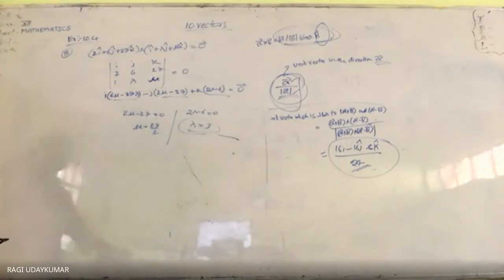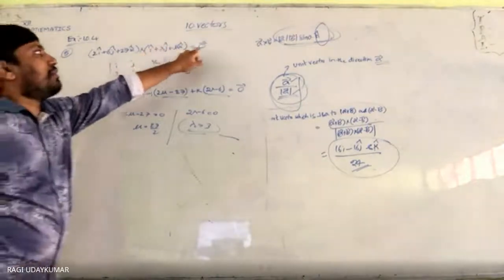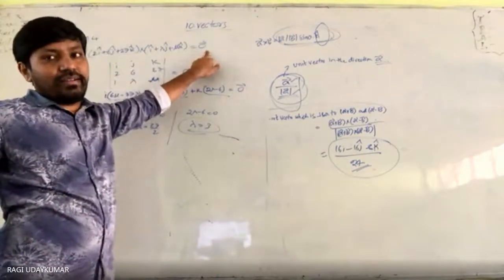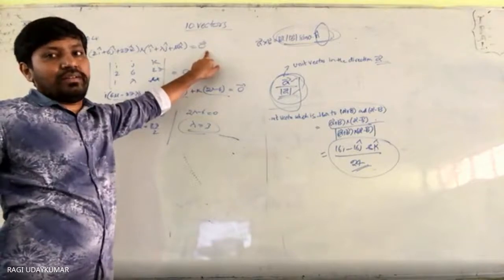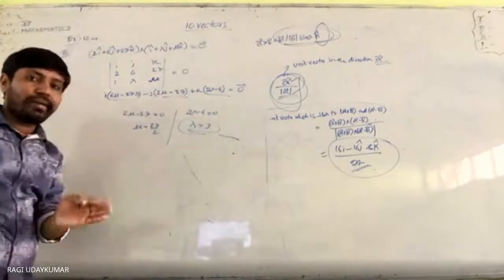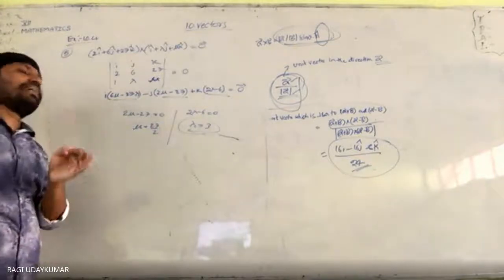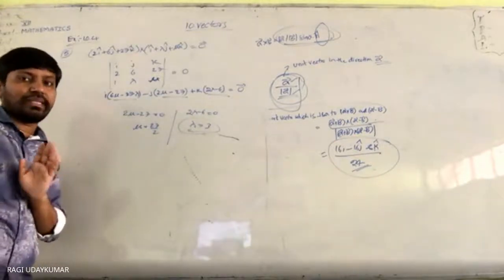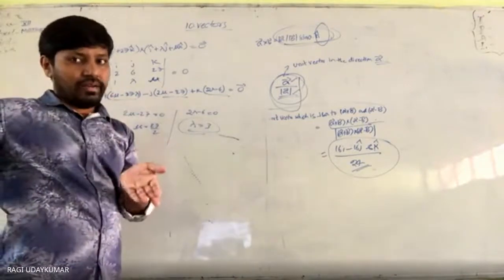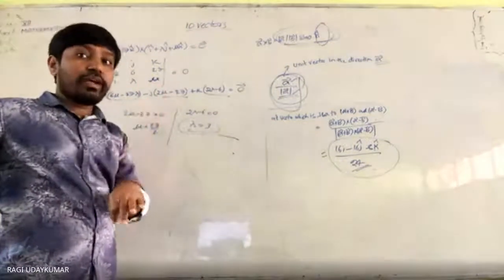But can we do this same problem in another way? When the cross product is a zero vector, the two vectors are parallel. When the dot product is 0, they are perpendicular.